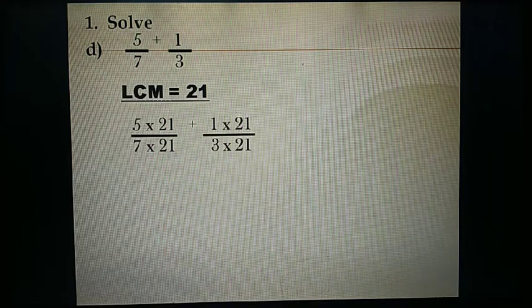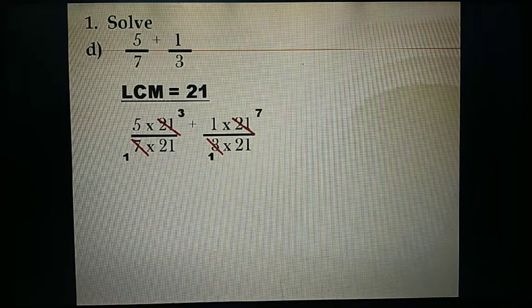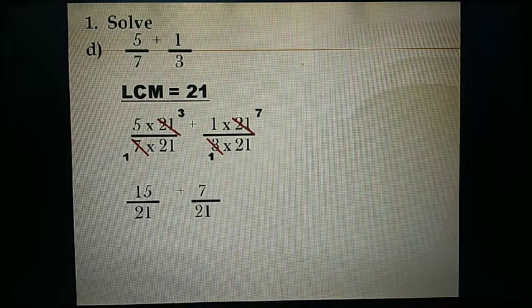Multiplying both the fractions by the LCM, perform cancellation. 7 ones are 7, 3s are 21. 3 ones are 3, 7s are 21. Multiply the numerator part, you will get 15 upon 21 and 7 upon 21. Add the two.